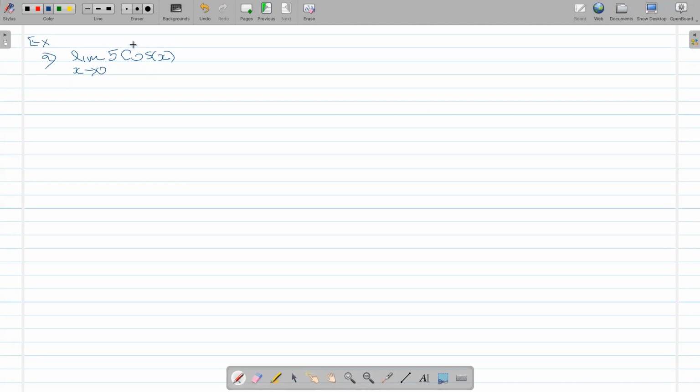So let's say I want to find the limit of this function. What can I do? I can pull out this constant using the constant multiple rule, because I don't know whether 5 cos x is continuous. I know only cos x is continuous, so I cannot plug in at this point.